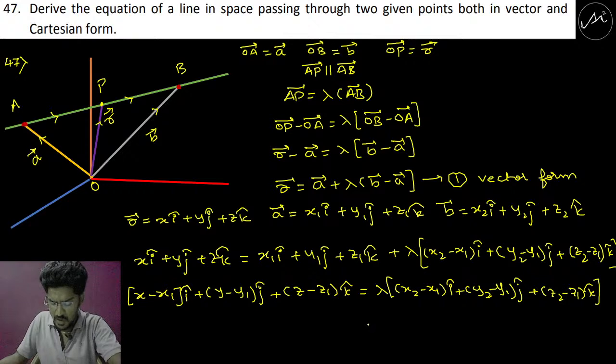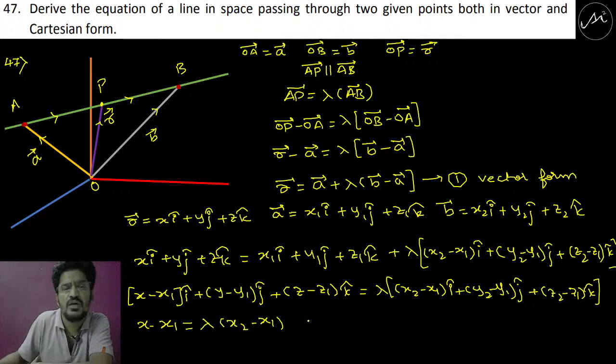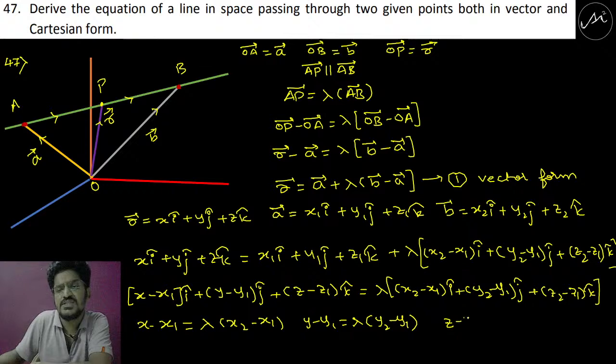So now all of you know that two vectors are equal if and only if their direction and magnitude both are same. So that will be x minus x1 equal to lambda times of x2 minus x1, y minus y1 equal to lambda times of y2 minus y1, z minus z1 equal to lambda times of z2 minus z1.